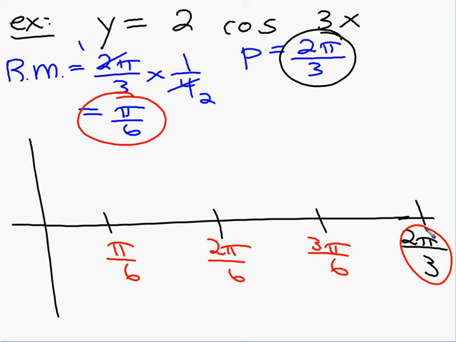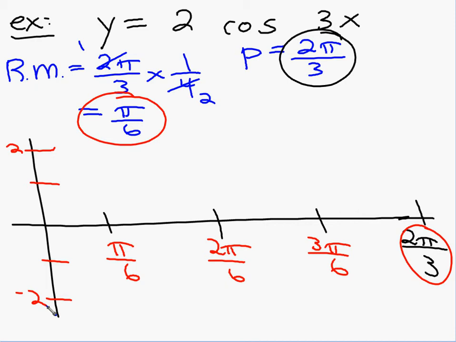So we don't even have to write that one again. And now notice, what was the amplitude of this one? 2. So I need to make this go up to 2 and down to -2 for my amplitude.